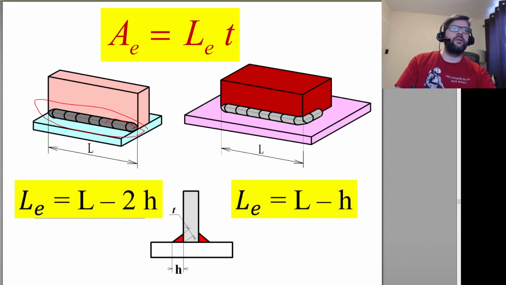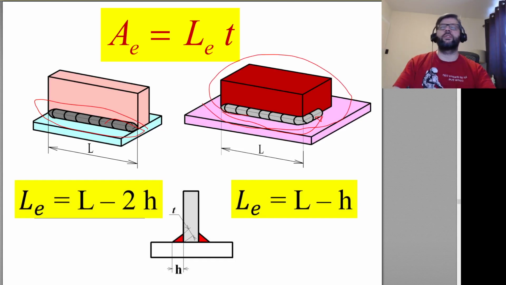This doesn't necessarily need to be the case if the weld wraps around the corner. If the weld goes all the way around, then you're just adding up the lengths. If it wraps around the corner just a little bit, you could do that to use the entire length up to this corner without including the strength of that section there.